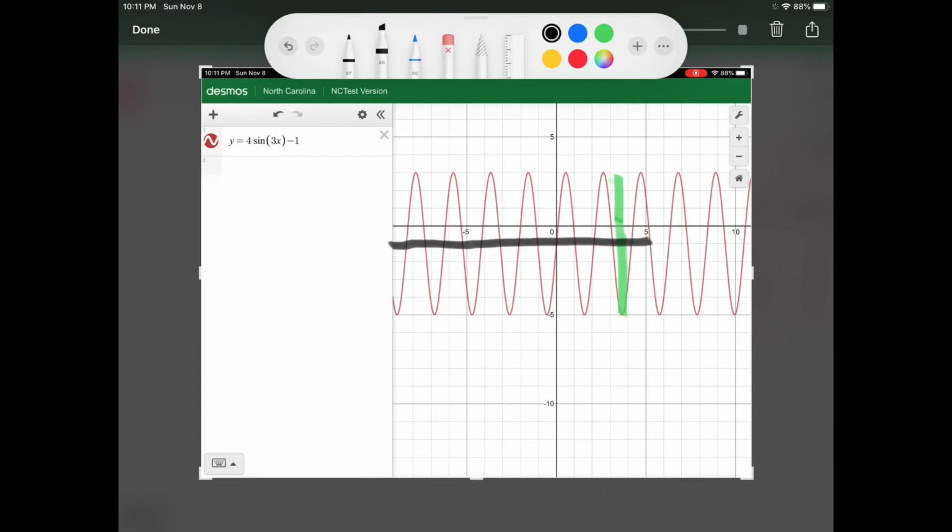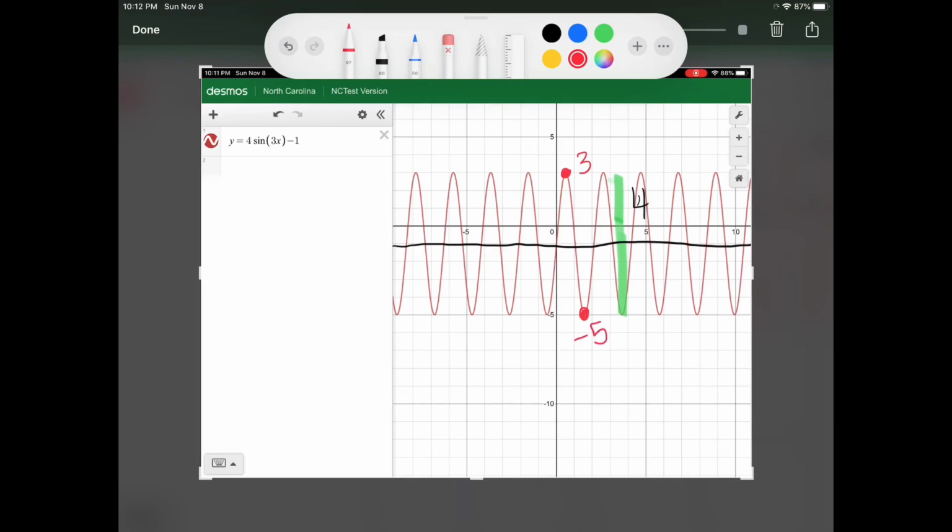So if we do my midline at -1, like I said, that would split it in half. So again, I have a midline at -1, which we already determined. And my amplitude, if I have 8 and 8, is also going to be 4. And that was true. So now the difference is what is my maximum, what is my minimum. So my maximum here is going to be at 3.